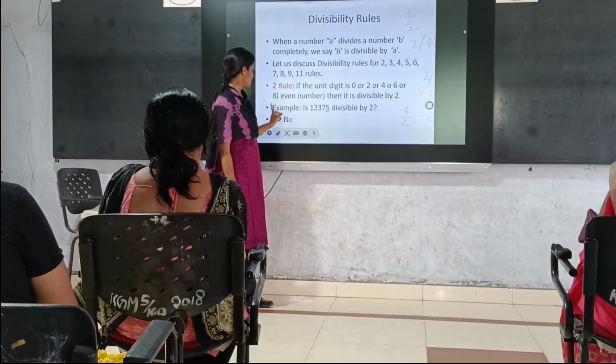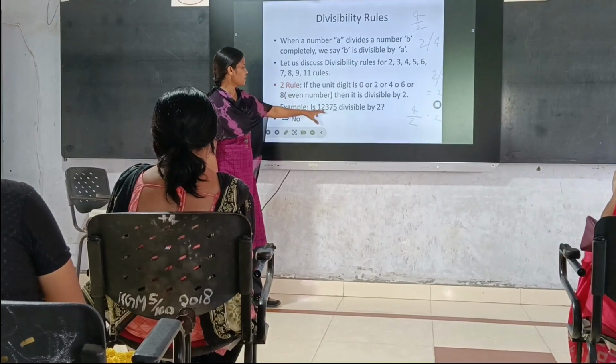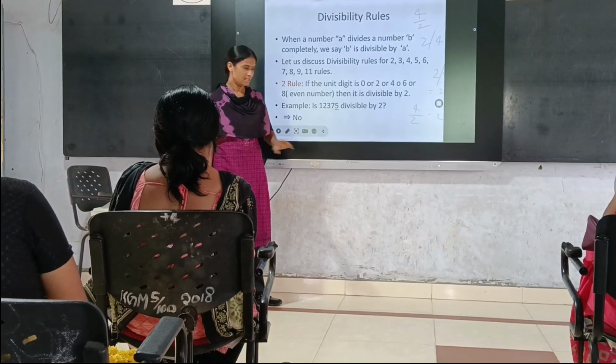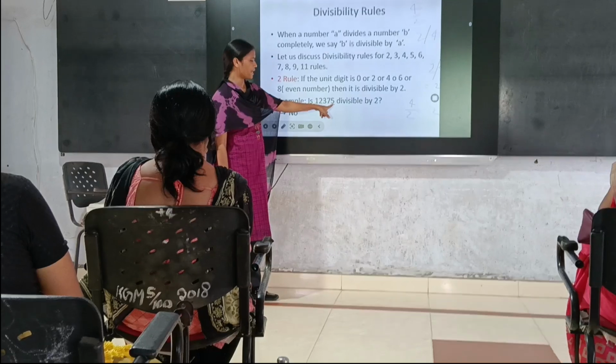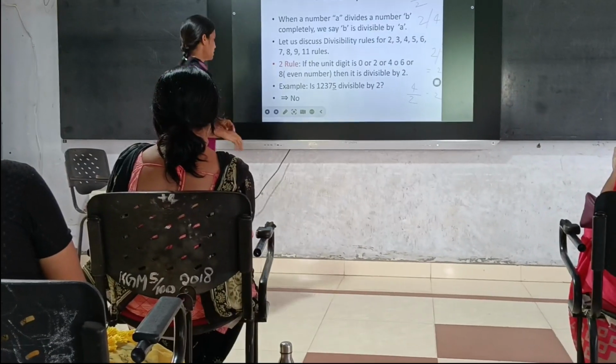So here I take one example, 12,375. Here the ones place is 5, that means an odd number. So it is not divisible by 2. Okay, next.